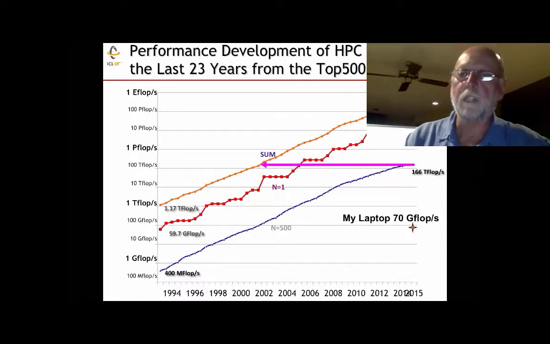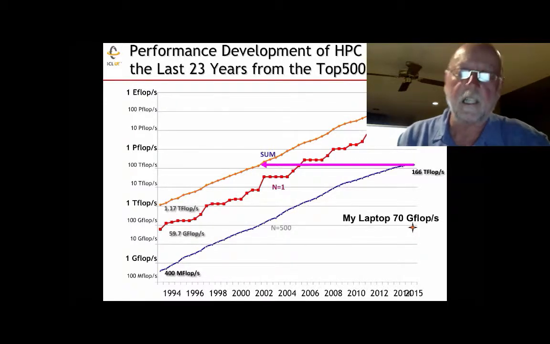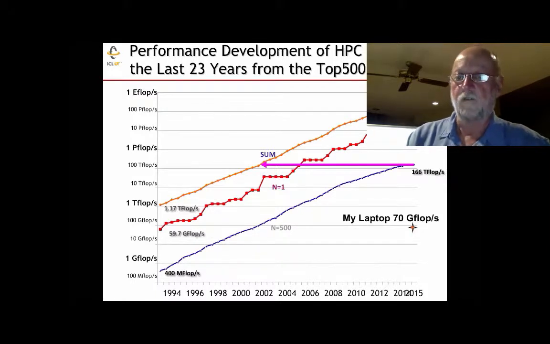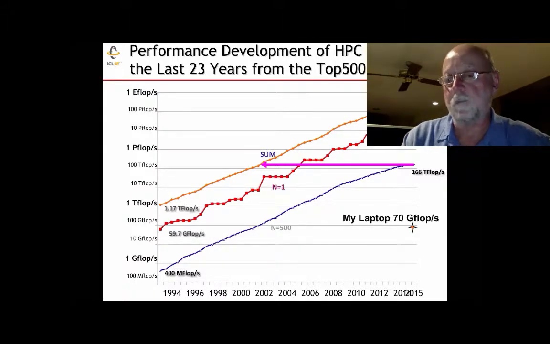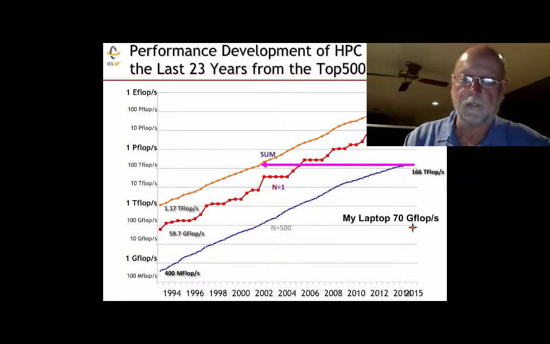When I run the benchmark on my laptop, it's a dual core Intel processor, I get 70 gigaflops out of my laptop. And that's a stunning achievement for a device that I can run for probably 12 hours on a battery and use on an airplane. I mainly use this machine to read email and give talks, to be honest. And here I've got a device which is 70 gigaflops.